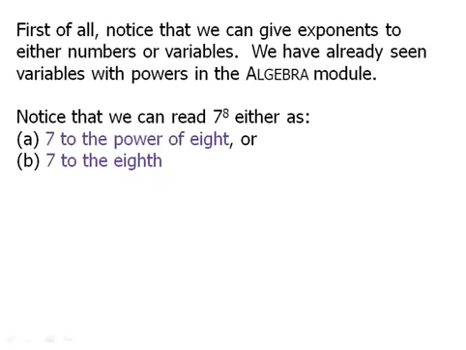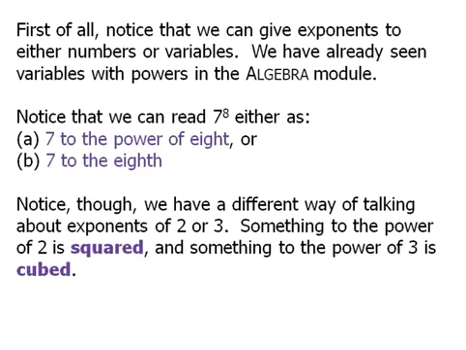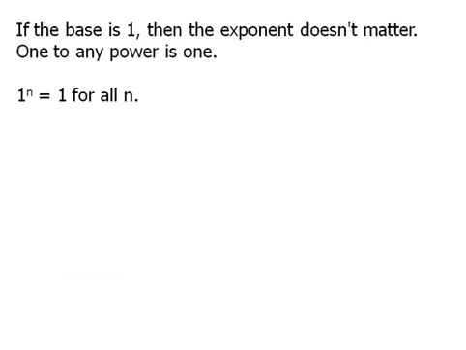Either one of those is perfectly correct. Notice that we have a different way of talking about exponents of 2 or 3. Something to the power of 2 is squared and something to the power of 3 is cubed. So we would rarely say something to the power of 3, and we would never say something to the power of 2. That just sounds awkward. We would always say that thing squared.